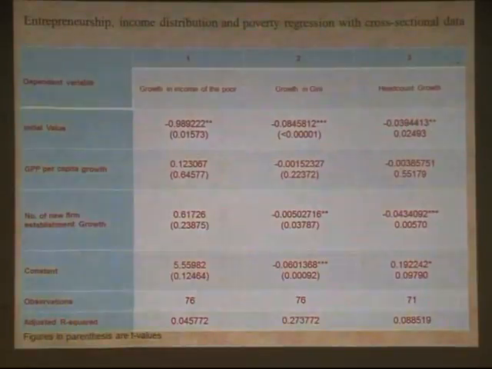And in the last column, the third column, number of new firm establishment has a negatively significant effect on number of the poor, that is headcount growth. So in the cross-sectional model, we can conclude that entrepreneurship does not affect the income of the poor, but affects income distribution and number of the poor.